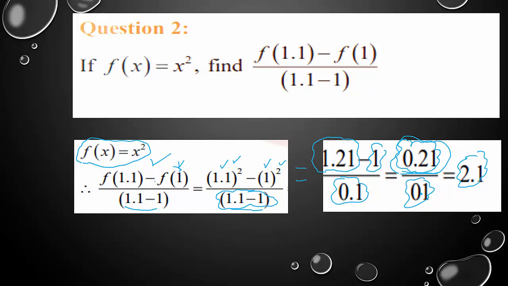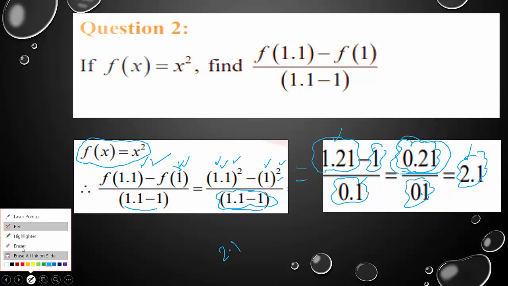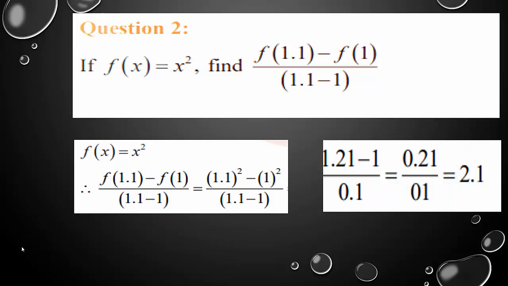You have to simplify f of 1.1 minus f of 1. That's all. 1.1 whole square is 1.21, 1 square is 1, and 1.1 minus 1 is 0.1. You simplify this, it will be 0.21 divided by 0.1, that is 2.1. Hence, your answer is 2.1. Therefore, this problem is solved.